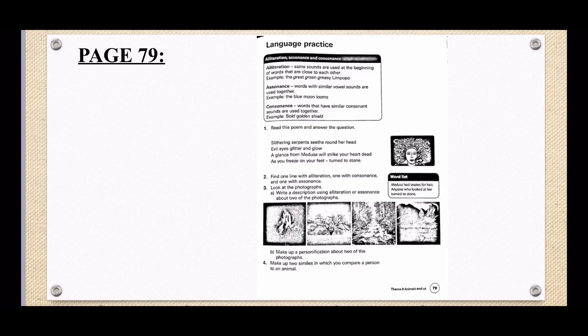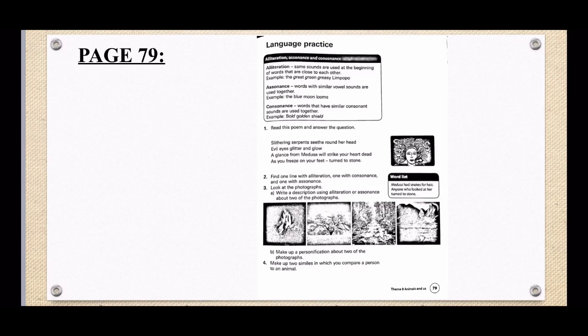Then question number 2 says find one line with alliteration, one with consonants, and one with assonance. So you will need to look in the poem and find a line with those three things that we've just discussed. Then question 3 says look at the photographs. A. Write a description using alliteration or assonance about two of the photographs.